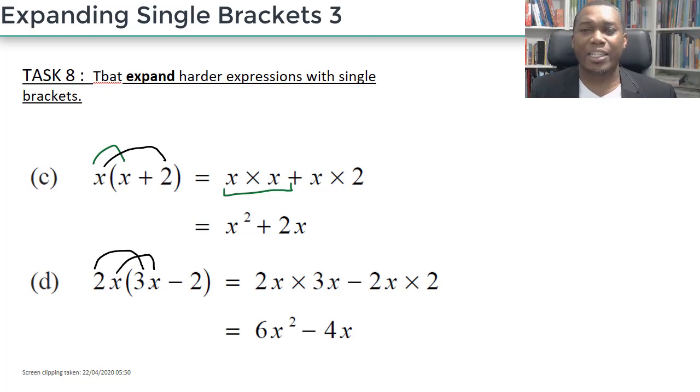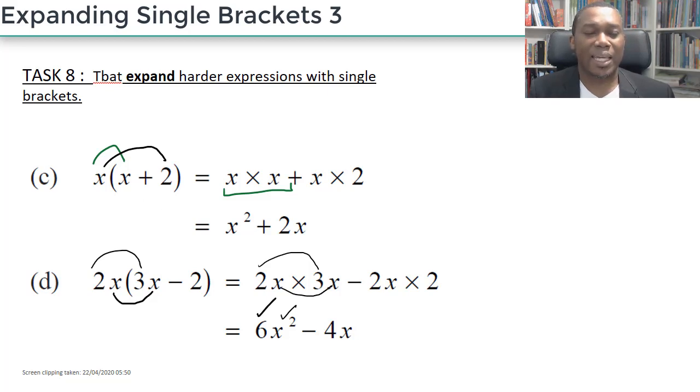The way I like to see it is 3 2s are 6, that's my 6, and x multiplied by x is x squared. Multiplying the numbers, multiplying the letters, and because it's all multiplication, we put the numbers and letters together. That's how we're getting the 6x squared.